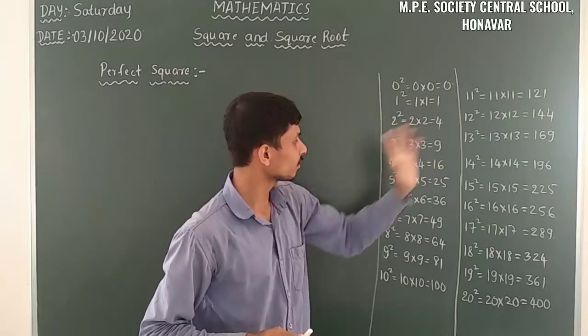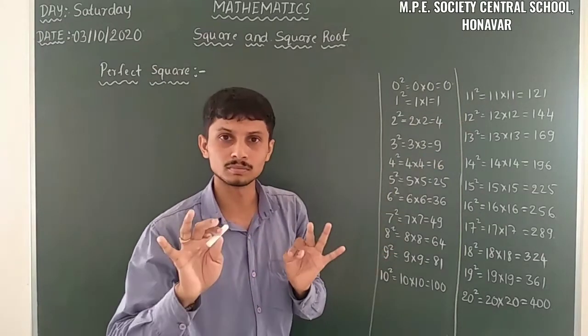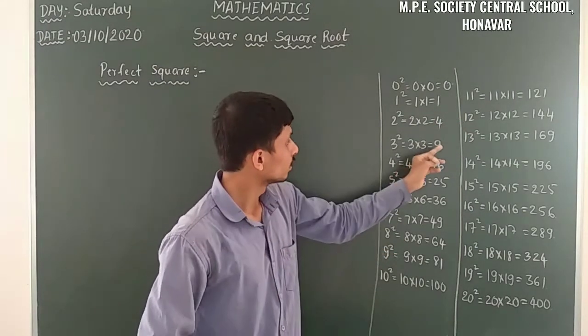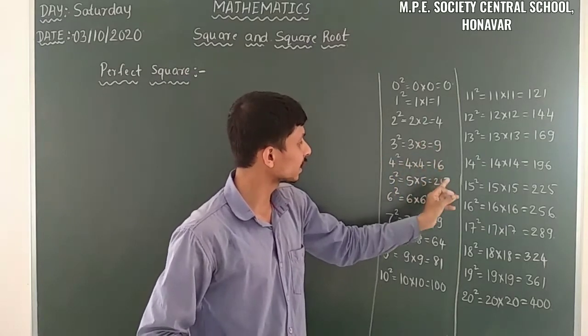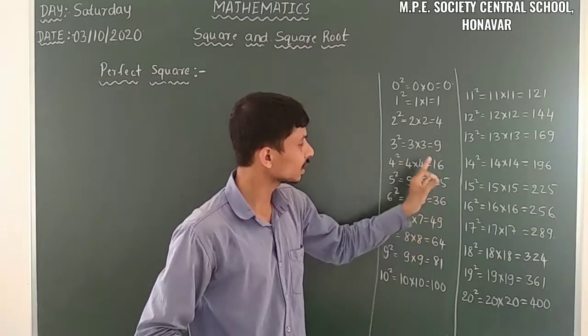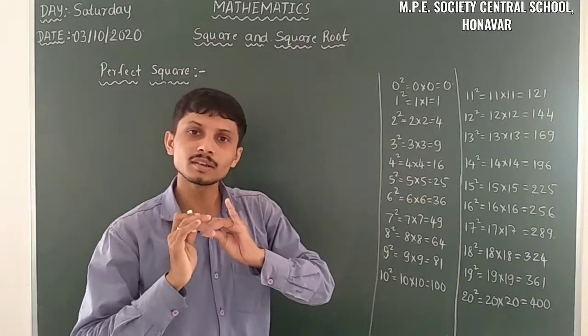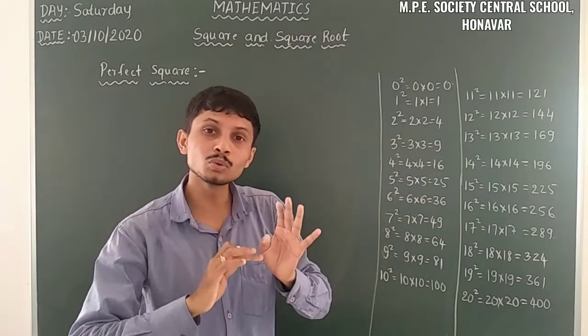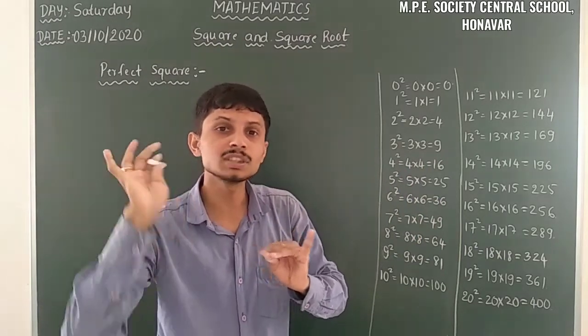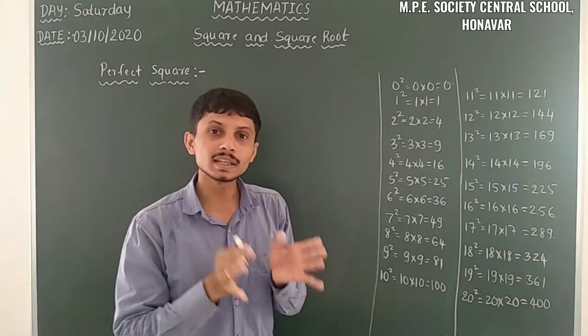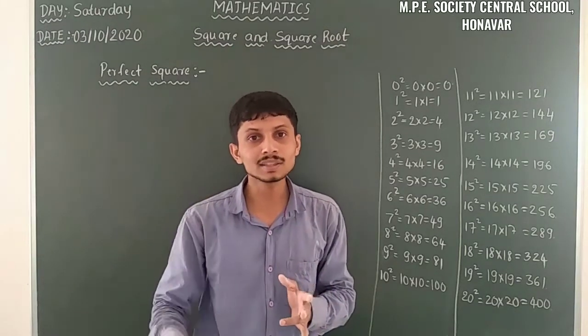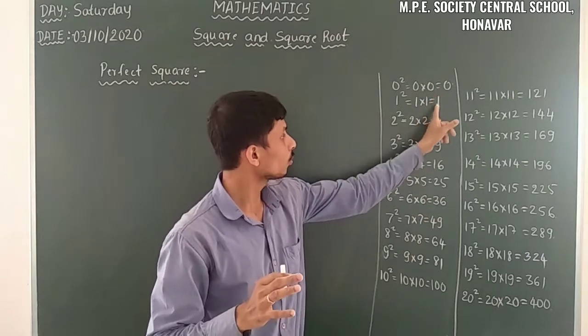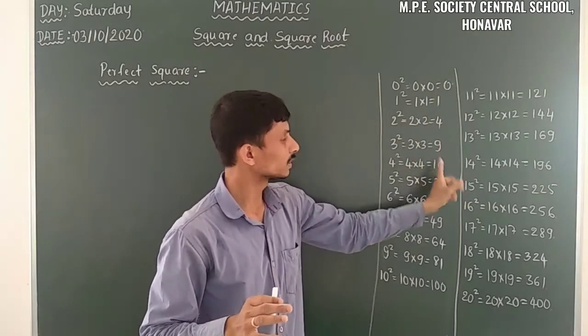So that means here there is no 2 and 3 term. Then 9 is there, 6 is there, 5 is there. So that means here there is no 7 and 8 number. That means here 2, 3, 7 and 8 are missing. So that means a square number can always end with 0, 1, 4, 5, 6, 9.